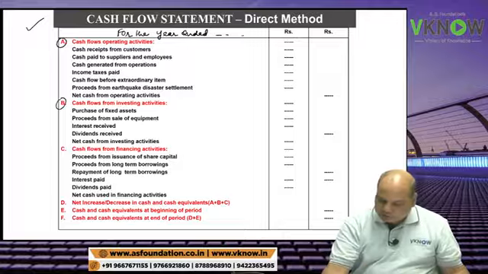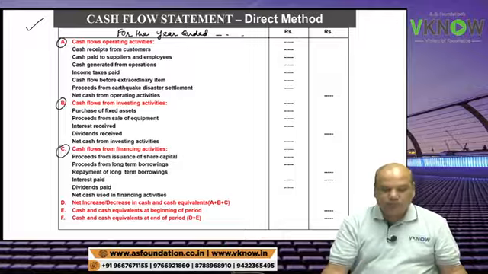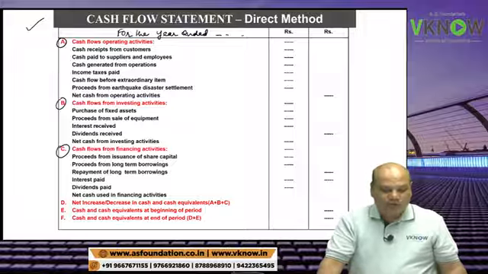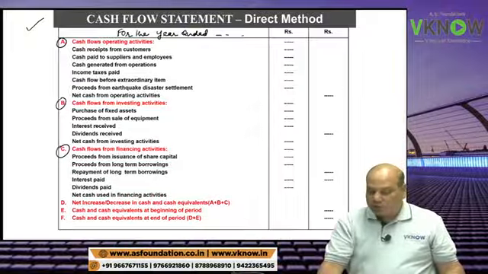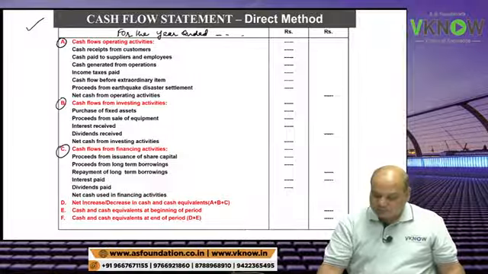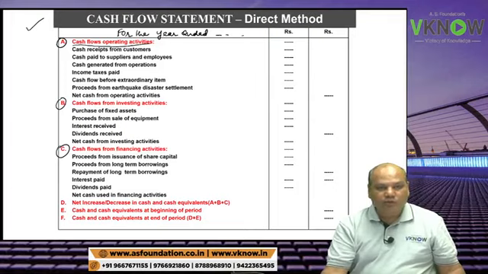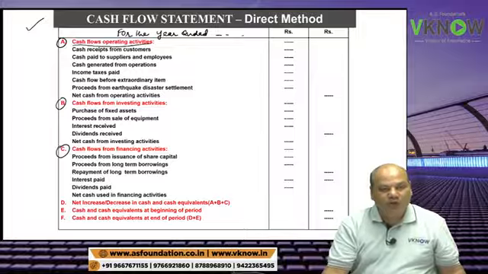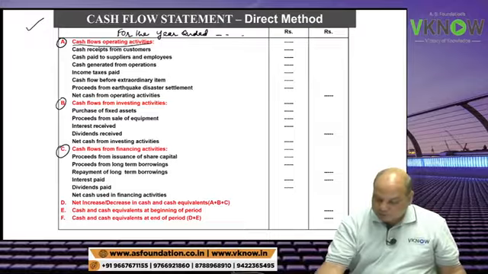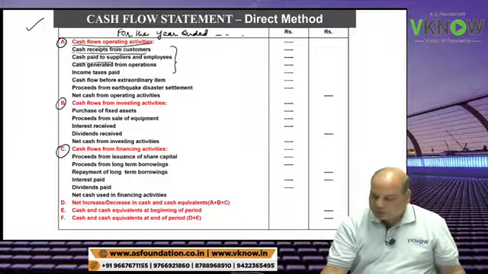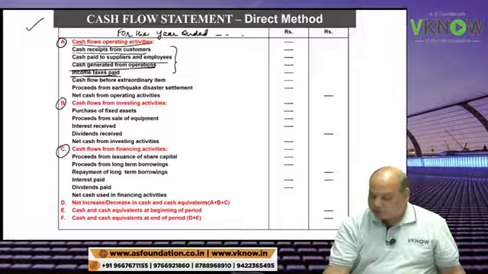You will divide this first into three parts, in the same sequence. Cash flow from operating activities: you will write directly the inflows and outflows related to day-to-day operating activities. Examples: cash receipt from customers, cash paid to suppliers and employees, cash generated from operations, less income tax paid.